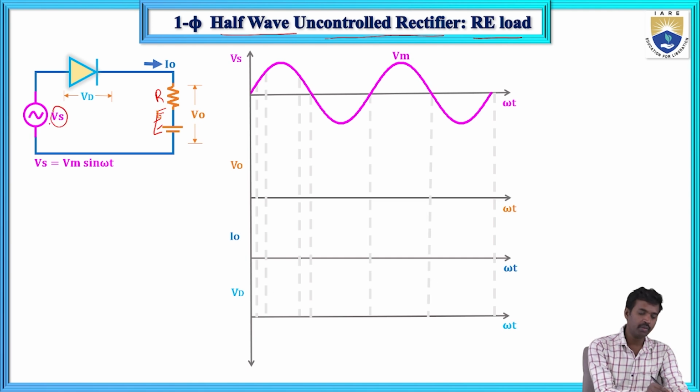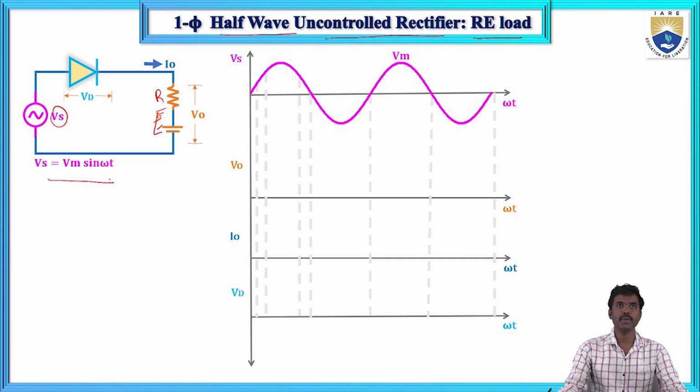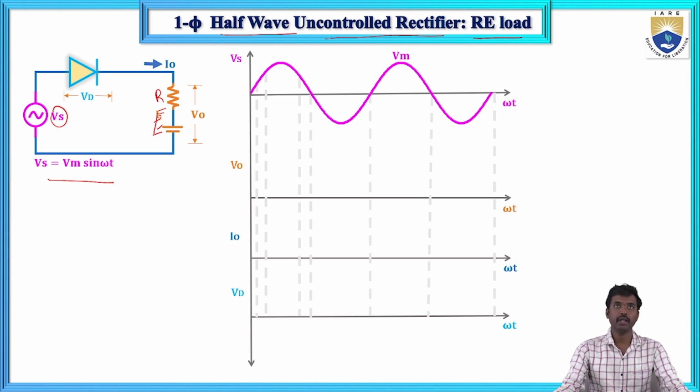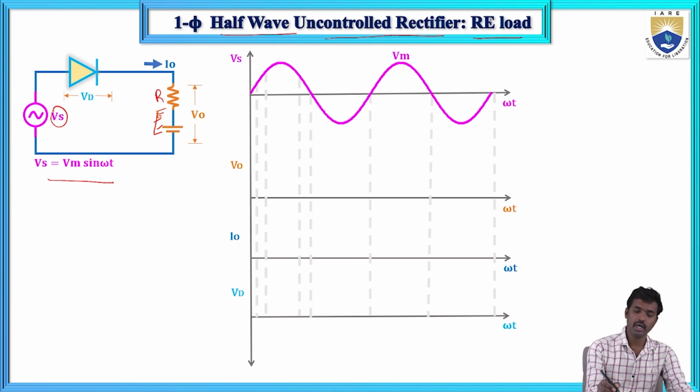The supply voltage is Vs equals Vm sin omega t, which I am giving to this diode, and the load is an RE type of load. Here Vm is the maximum value.